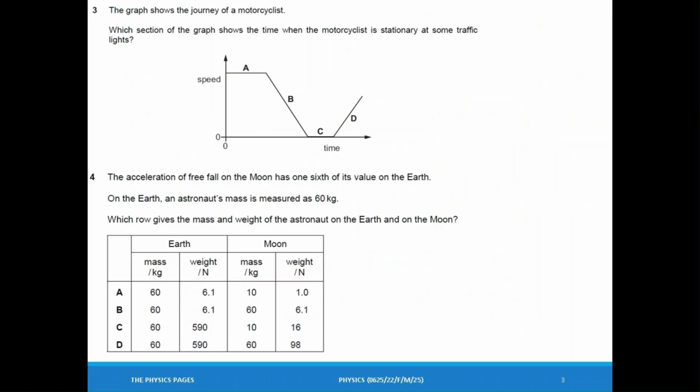Question number three is related to a speed time graph. To understand a speed time graph, we can see it is time on the x-axis and speed on the y-axis. As we go from the origin upward, it means speed is increasing. As we move from left to right, it means time is passing.